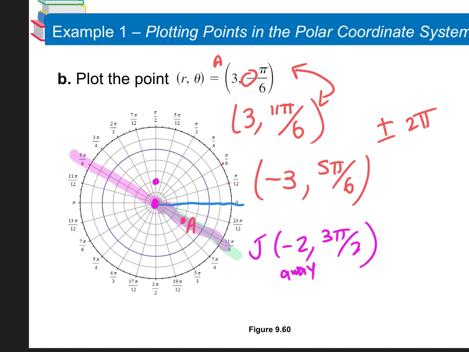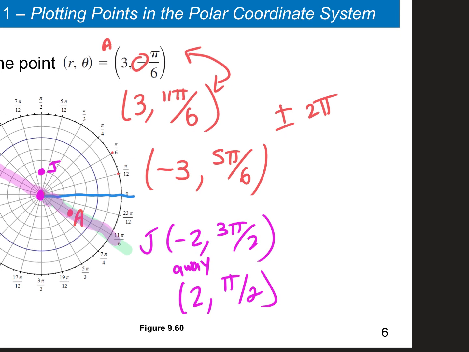I'm going to put it right here. What's another way we could call negative 2 comma 3 pi over 2? Well, that's the same as saying positive 2 comma, what angle do we go towards? Pi over 2. So it's all about the direction. If it's a positive directed distance, you're going towards the angle mentioned. If it's a negative, you're going away from.